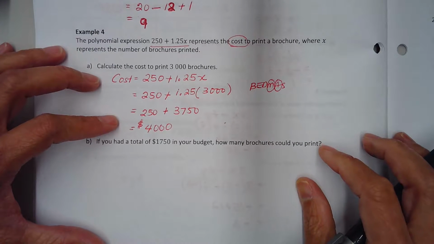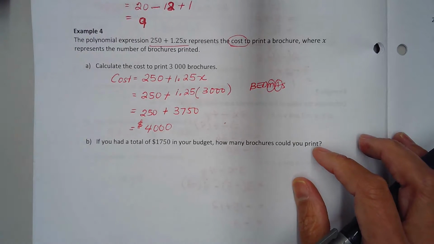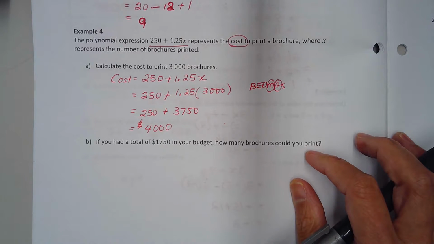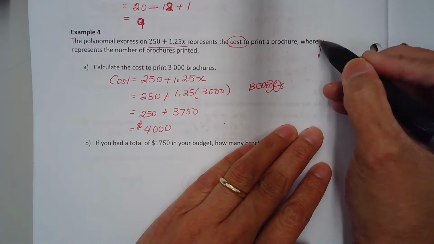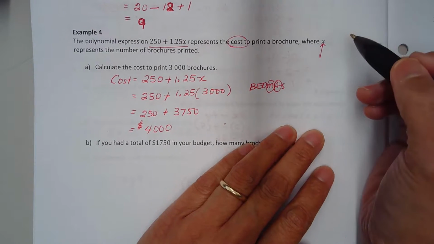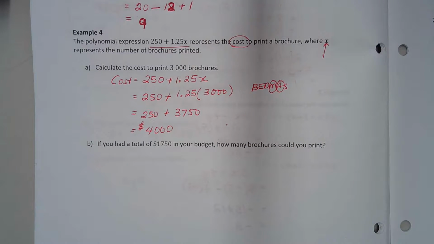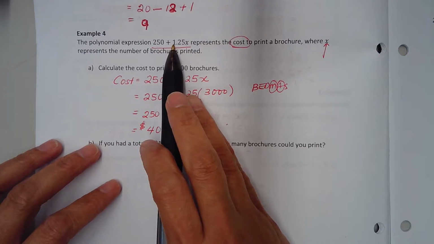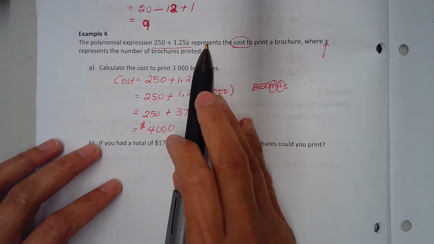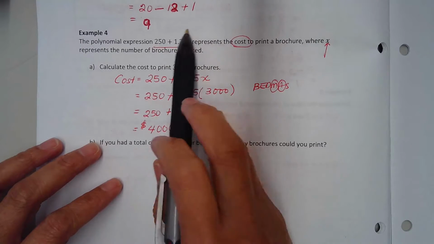When we talk about the cost, it's the amount of money, and then x talks about how many brochures there are. So the more brochures you buy, the more money you will have to pay, basically. Yeah, that's a good question. Sorry, I skipped that part. My fault. 250 plus 1.25 times x represents the cost. So all of this is a cost.